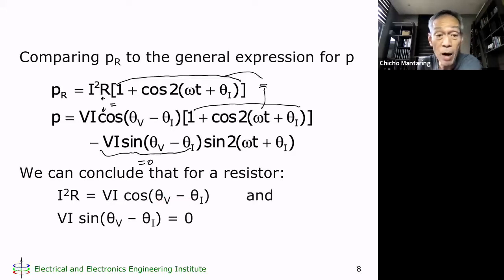And we can also conclude that this term, VI sine(theta V minus theta I), must be equal to 0.